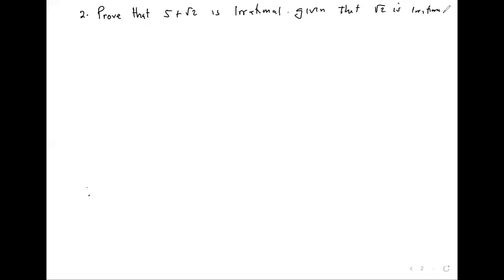So we are told that root 2 is irrational. If the power was not even, you would have gotten only one number.